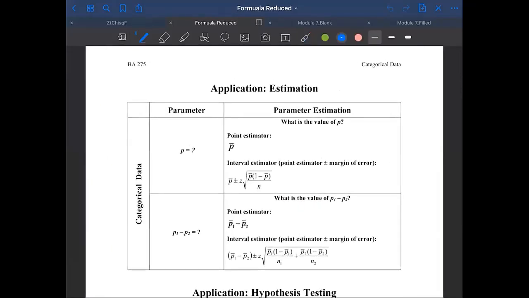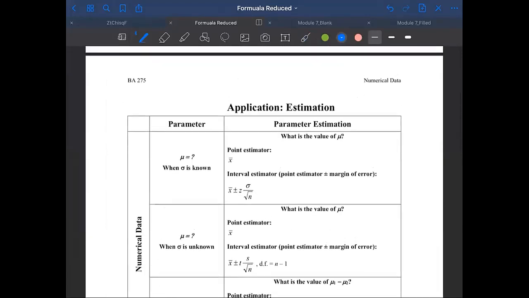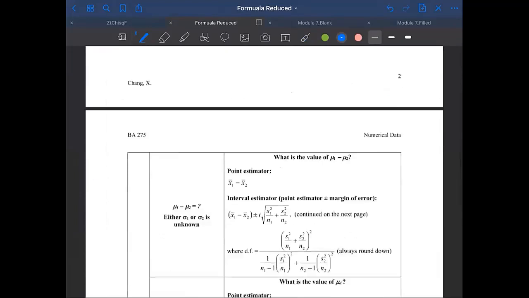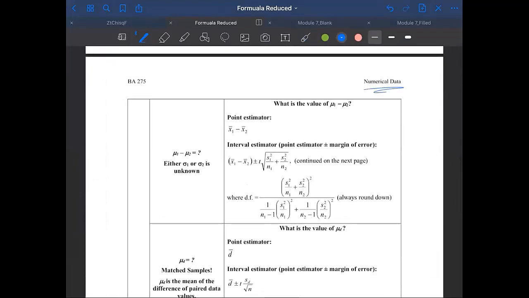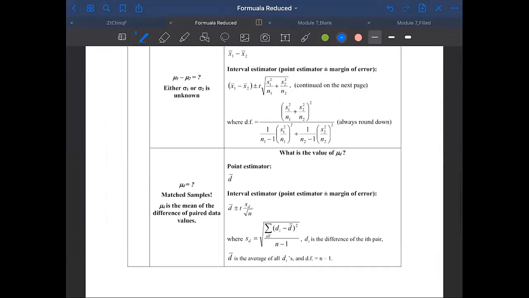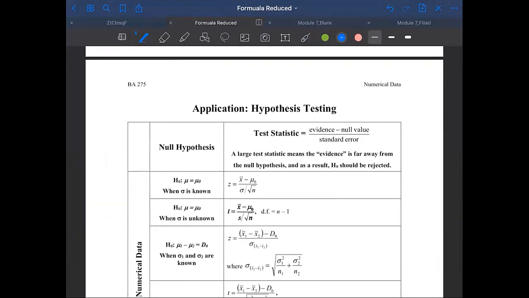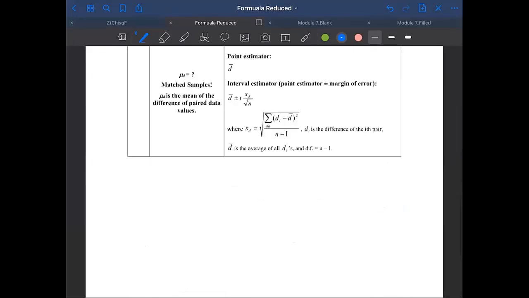The first page is about categorical data, which is what we did for module 5. The next one, the second page, is numerical data, and the next one is also numerical data. The very last page is also numerical, except this one is hypothesis testing, but previously was estimation.